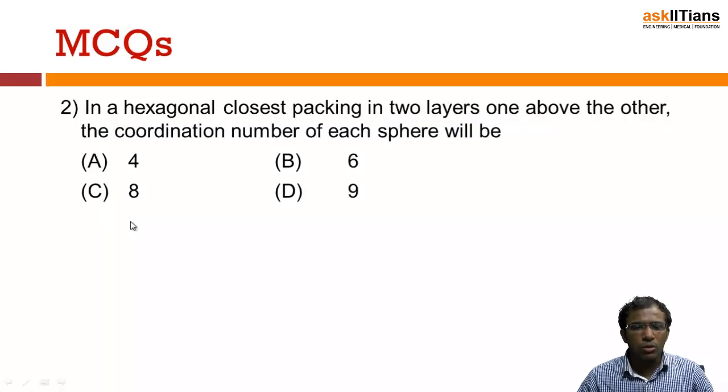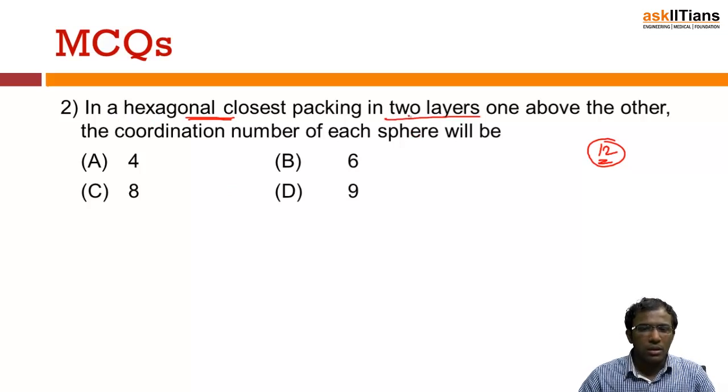In hexagonal closest packing in 2 layers, one above the other, the coordination number of each sphere will be? Seeing hexagonal close packing, we thought the coordination number is 12, but there is no 12 option. So read the question carefully. It asks about only 2 layers, one above the other.